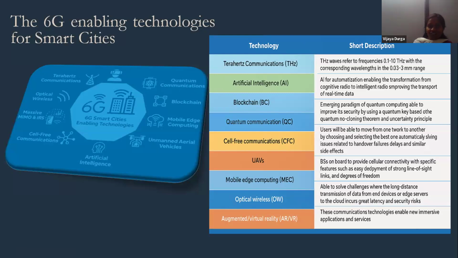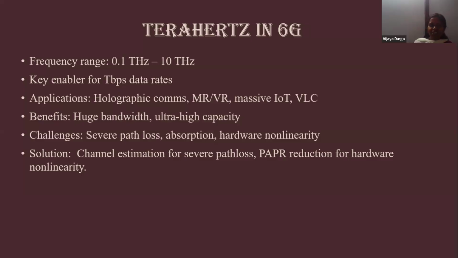These are all 6G enabling technologies to get smart cities. Then terahertz in 6G, I have already told you, provides terabits of data. Main applications are holographic communication, massive IoT, and VLC, visible light communications. It provides huge bandwidth and ultra high capacity.